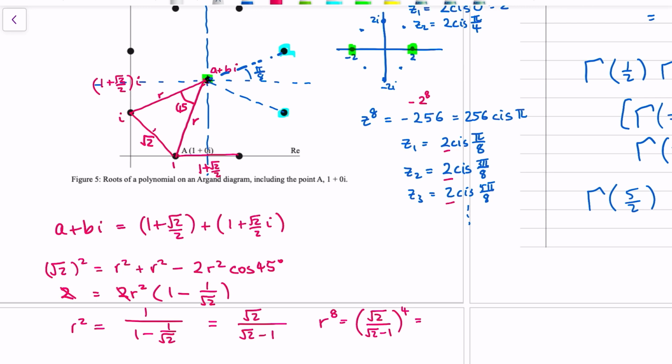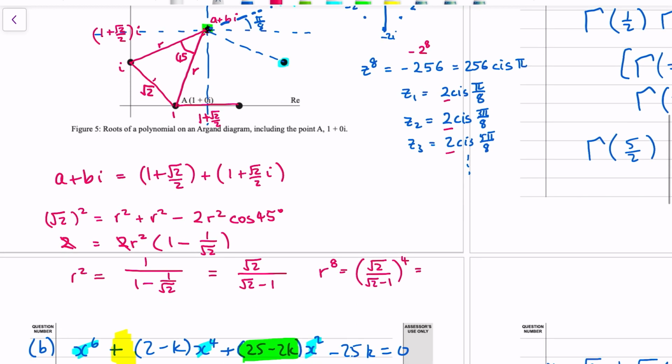Root 2 over root 2 minus 1, if you do the conjugate stuff, is equal to 2 plus root 2. Okay, it wasn't as ugly as I thought, to the power of 4. And then if you power that by 4, it comes out as 68 plus 48 root 2.